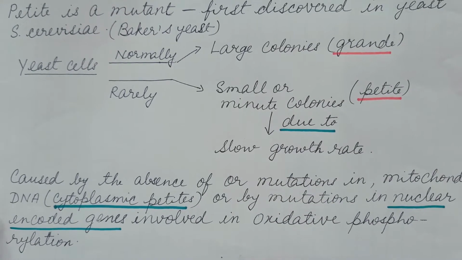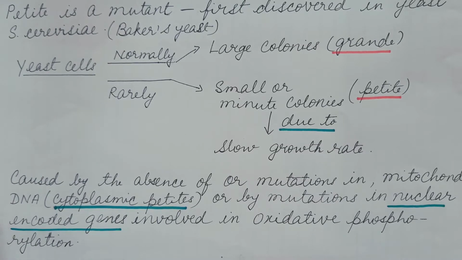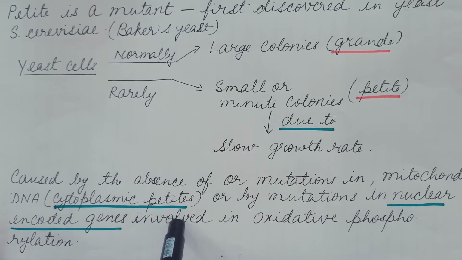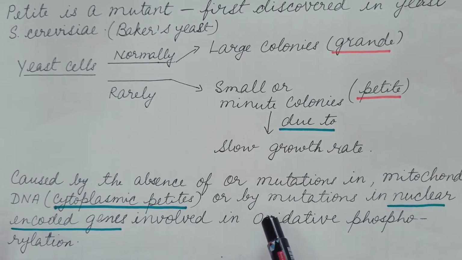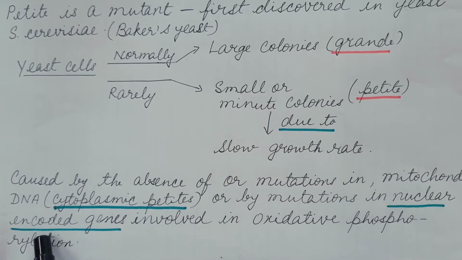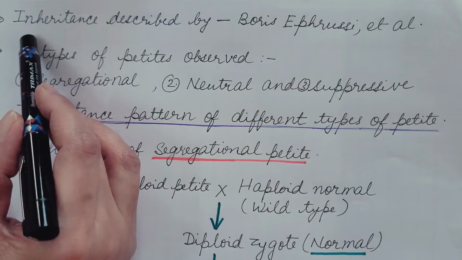And since the mitochondrial DNA is present in mitochondria, which itself is present in the cytoplasm, this type of petite is known as cytoplasmic petite. There are also certain petites which result from mutations in nuclear encoded genes involved in oxidative phosphorylation. Hence, these are not cytoplasmic petites.